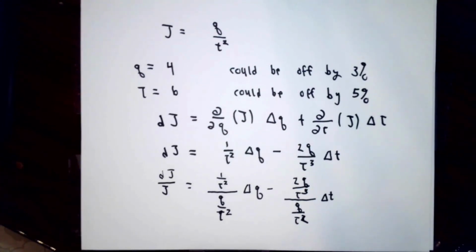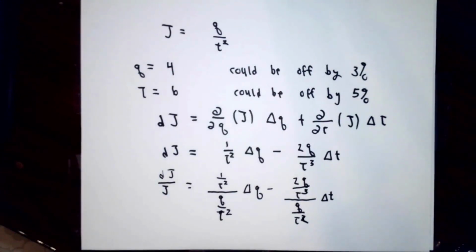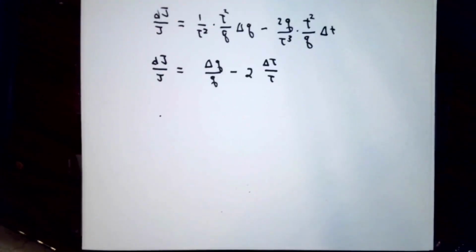That's 5%. So I'm going to try to think of the relative uncertainty in J. So I can actually write the differential of J divided by J as some combination of delta Q over Q and delta T over T.